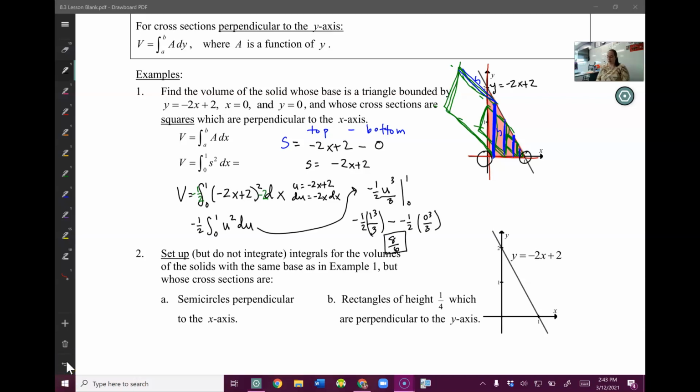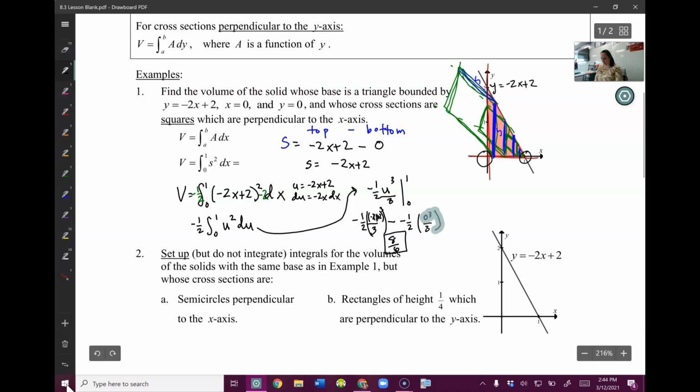Welcome back. Let's see how you did. You should need to add a negative 2 into this and a negative 1/2 to balance it. Then we take the integral of u squared, which is u cubed over 3. Plug in my limits. Oh, sorry, I did something wrong. I forgot to plug my u back in, friends. Negative 2x plus 2 cubed, and that x is a 1.